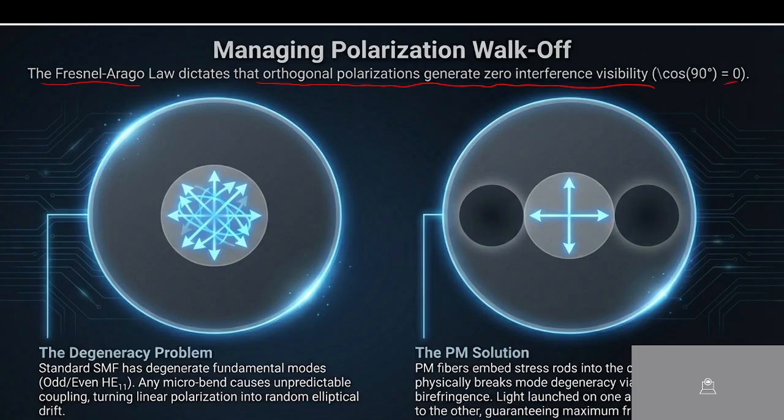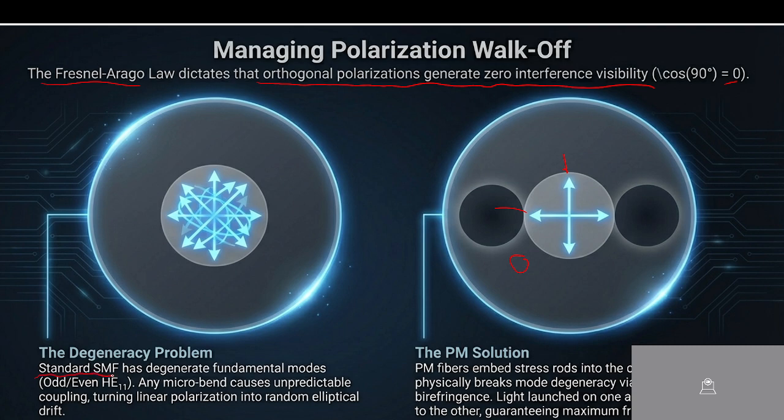So once we have orthogonal polarization, the visibility will be almost 0, and when it moves towards the parallel one, there will be a degeneracy problem.